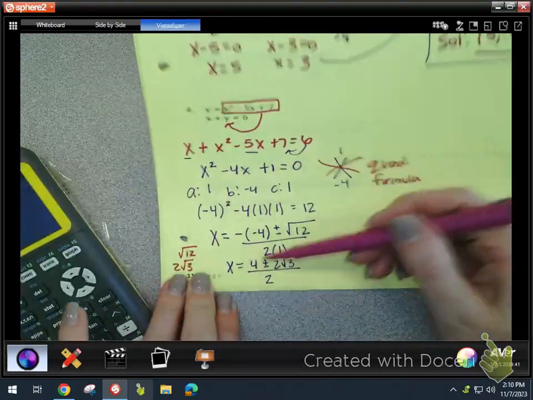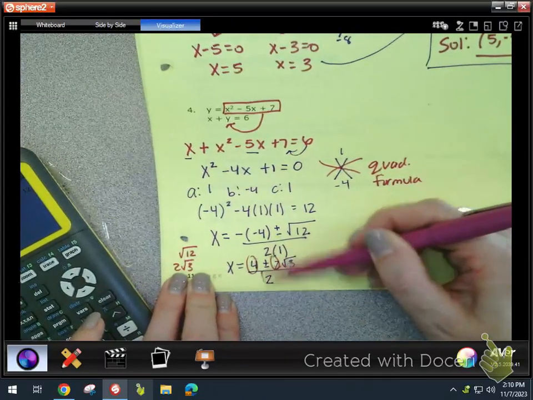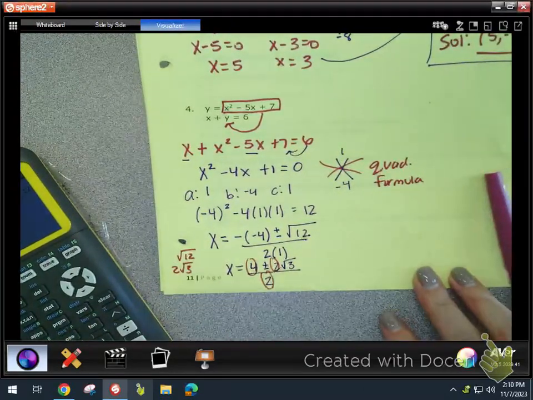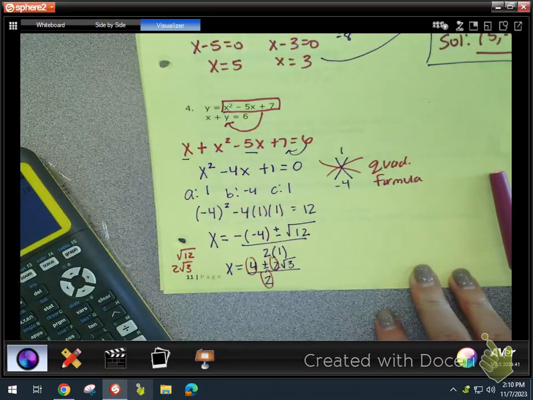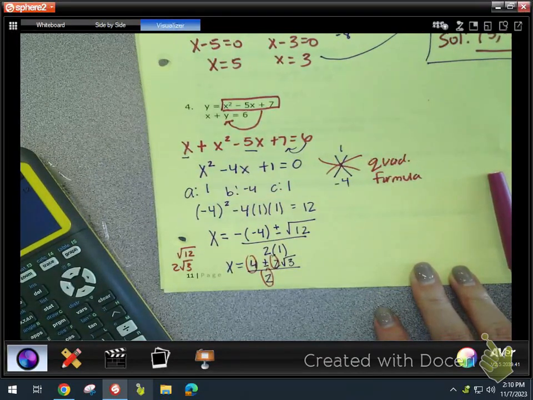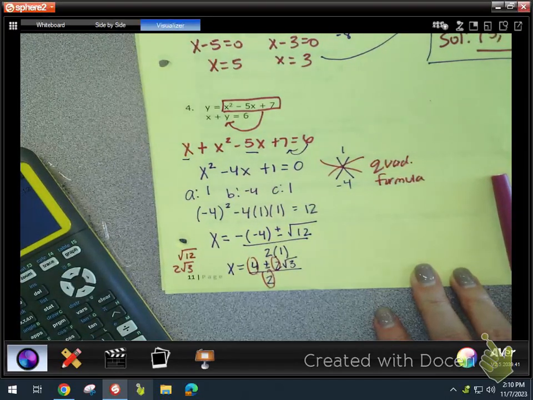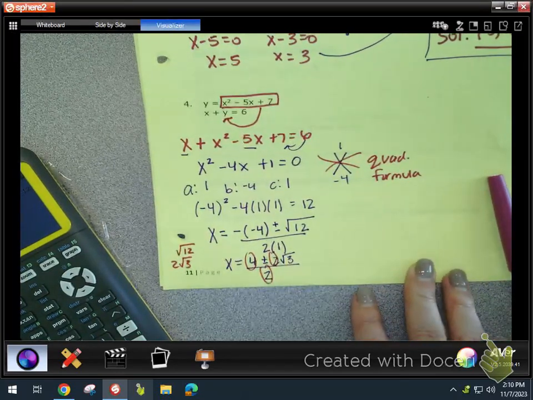Remember, how many numbers do I circle? 3. And you are not going to get that third number until you break down that radical. This happened on the CFU also. This happened last year, and I just remembered it Friday afternoon. So make sure you hear me now. You have to simplify the radical first before you simplify the big crazy fraction.